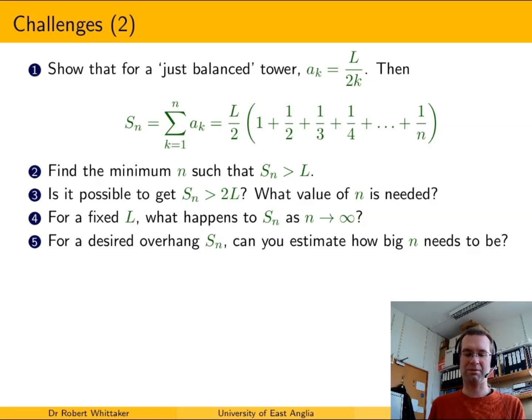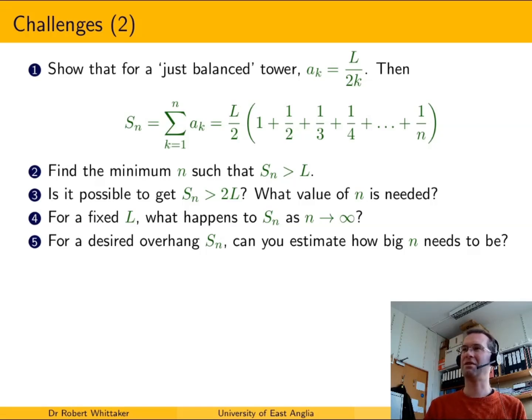And finally, maybe someone challenges you to create an overhang of a certain amount. Could you estimate how many blocks, how big an n you might need to achieve that? And maybe if you think about the behavior of the formula for Sn, you may get some ideas as to how big an n you might need for a given overhang.